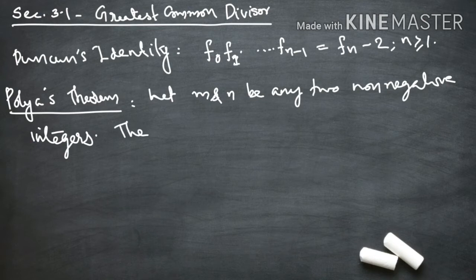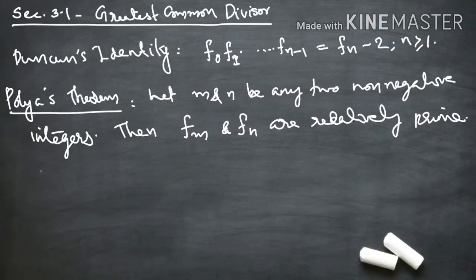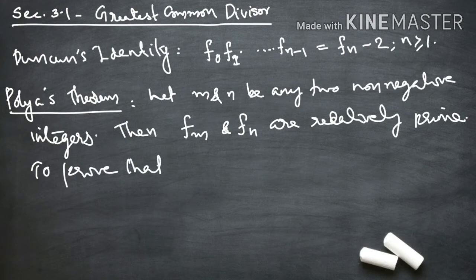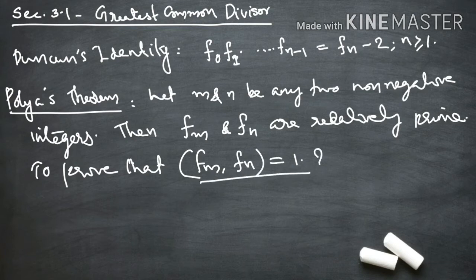Then the corresponding Fermat numbers fm and fn are relatively prime. For that, we need to prove that GCD of fm, fn is equal to 1. We know that any two positive integers are relatively prime if their GCD is equal to 1. So this we want to prove.